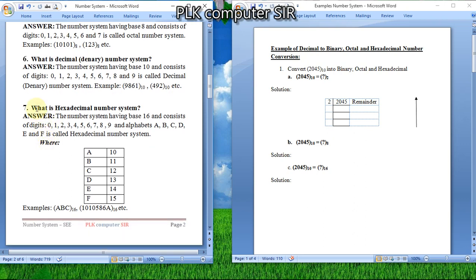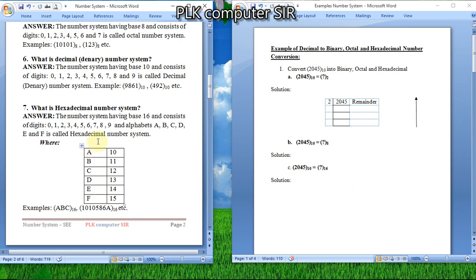This is the last of the 4 types of number system, the hexadecimal number system. The number system having base 16 and consisting of digits 0, 1, 2, 3, 4, 5, 6, 7, 8, 9 and alphabets A, B, C, D, E and F is called the hexadecimal number system, where A equals 10, B 11, C 12, D 13, E 14, F 15.